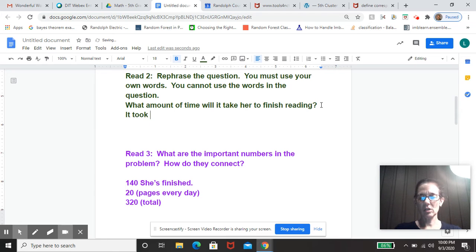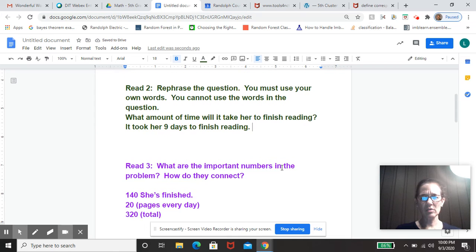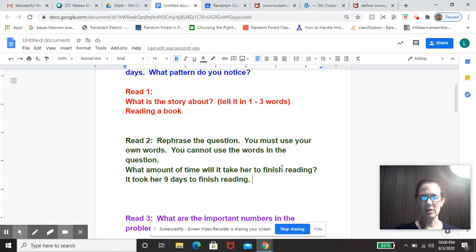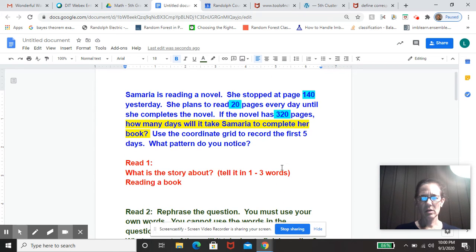It took her how many days? 9 days to finish reading. Now I think there was something else. So I want to go back up here. It said, use a grid to record the first 5 days.